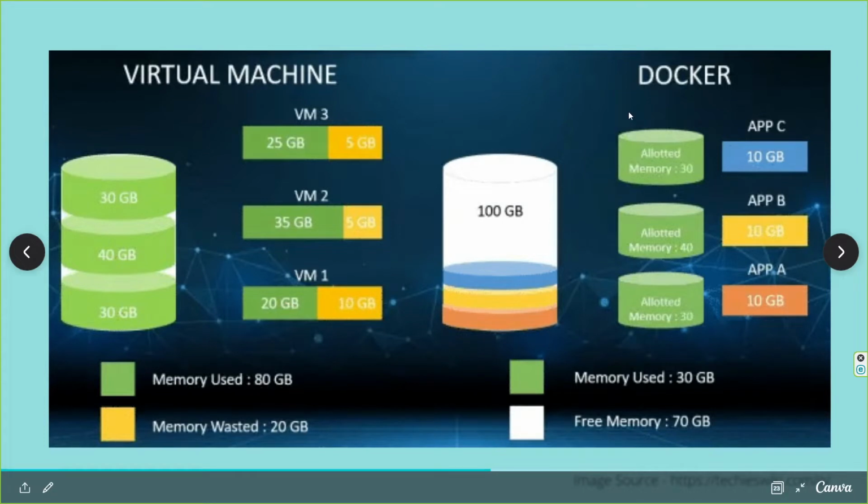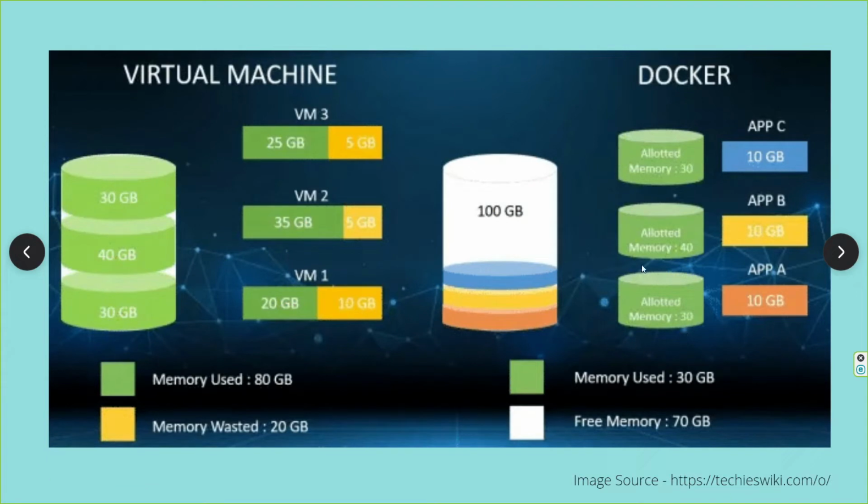But let's talk about Docker. Here, you can see 100 GB same as before, and we have allocated 30 GB, 40 GB, and 30 GB for each app. But here, you can see the first difference between virtual machine architecture and Docker architecture. Apps are taking only 10 GB each, but this is not the same for all apps. In this example, apps are taking 10 GB each and 30 GB overall, but each virtual machine takes 20 GB, 35 GB, and 25 GB.